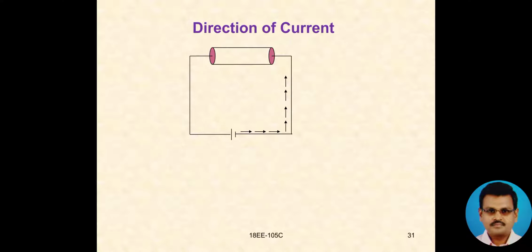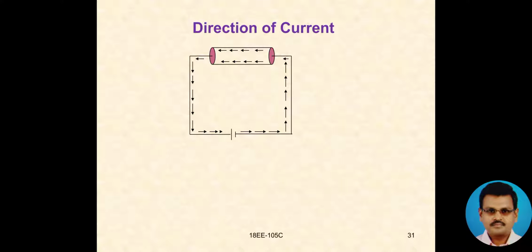Direction of the current. You can see in the animated image, small arrows are going. These running small arrows indicate the direction of the current.